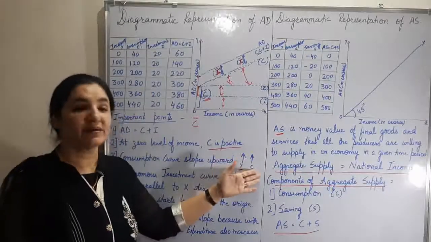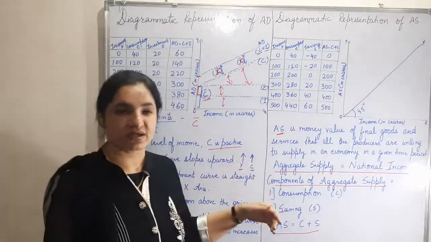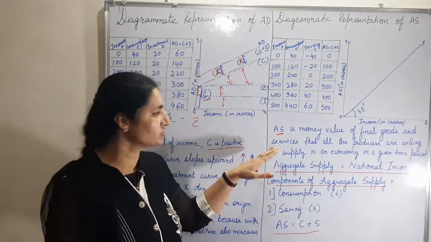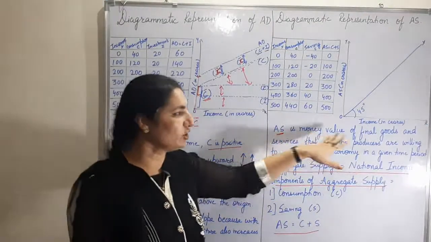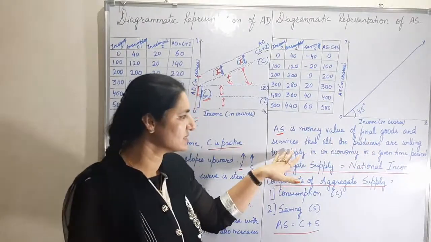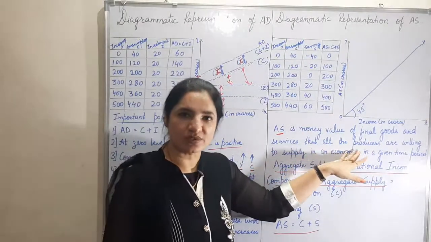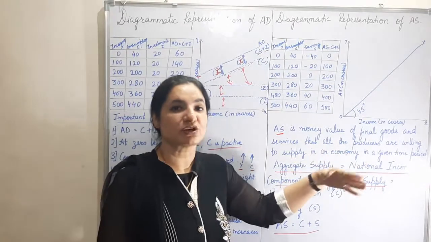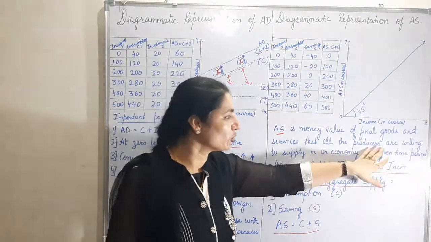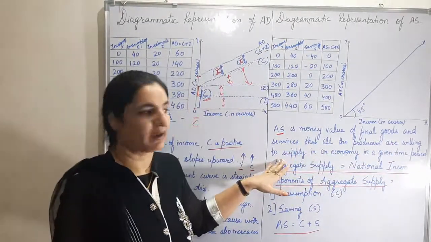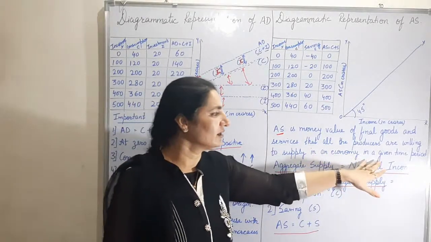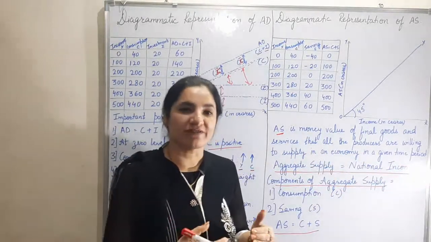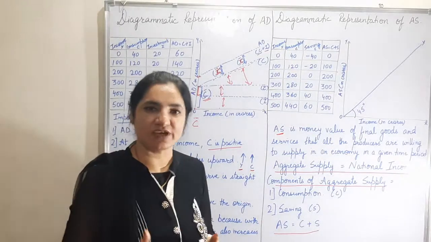When we unite the income of both of these sectors, we arrive at aggregate supply. So now why is the concern of national income coming? Let us first see the definition. AS is the money value of final goods and services that all the producers, because it's a matter of supply, are willing to supply in an economy in a given time period. Now whatever they are supplying, it has a value.